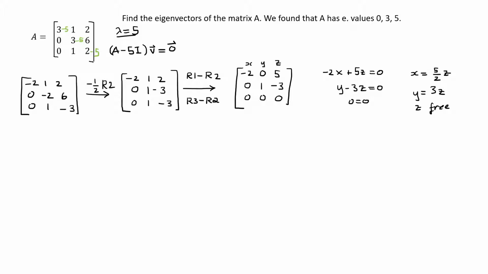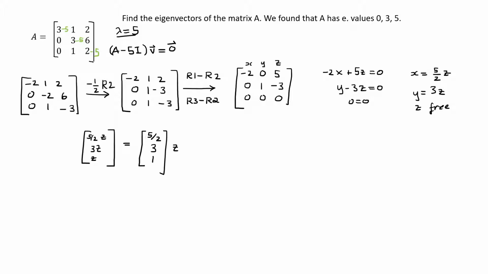Okay. So my eigenvectors are going to have the form 5 halves z, 3z, z, for z any real number, well, except 0. Okay, we can factor out our z. So all of our eigenvectors are going to have this form.